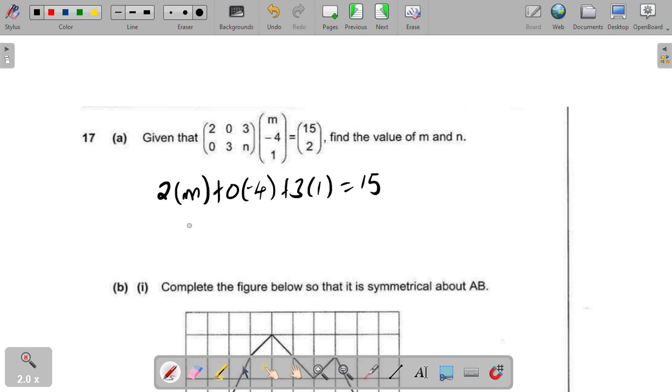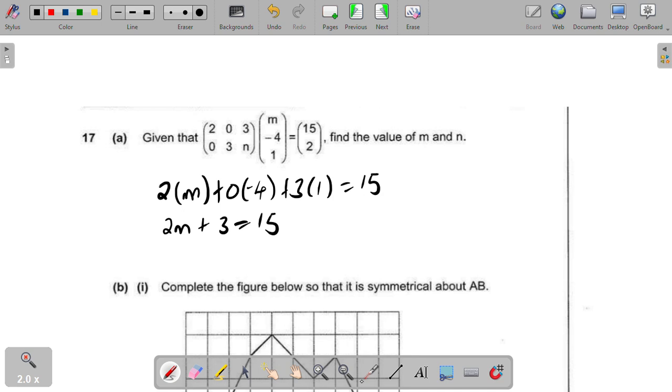Okay, so now we are doing for m. 2 by m, we get 2m, plus 0 times -4, automatically it's 0, so we focus on this part. 3 by 1 is 3, equals 15. So here is an equation.